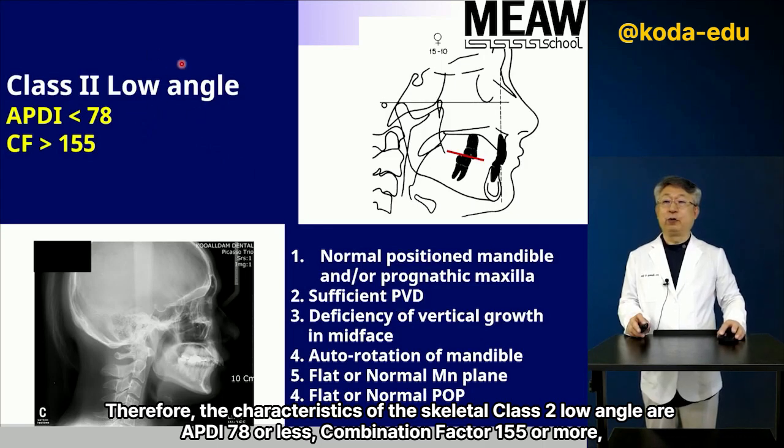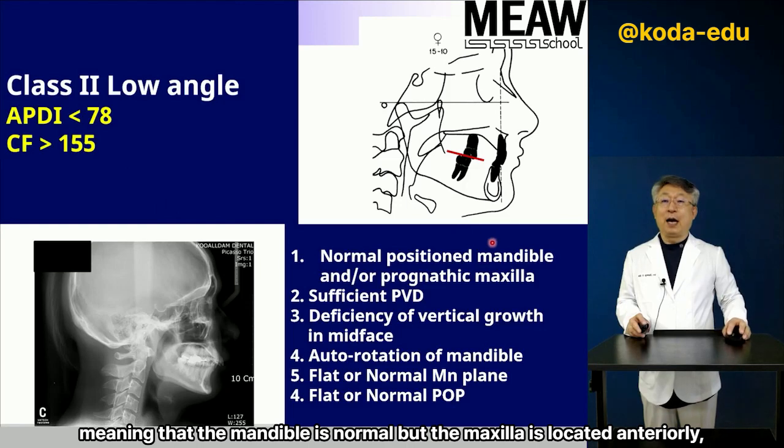Therefore, the characteristics of the skeletal class 2 low angle are APDI 78 or less, combination factor 155 or more, meaning that the mandible is normal but the maxilla is located anteriorly.